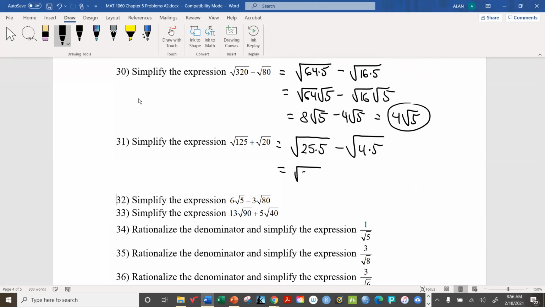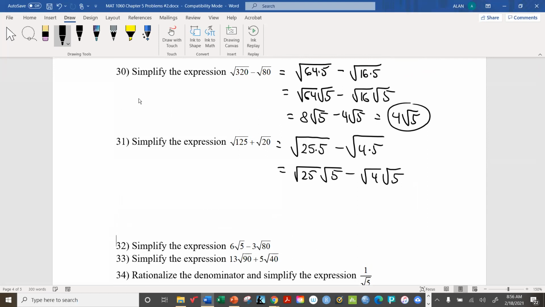All right, let's see what we've got. So we end up with 5 radical 5 minus 2 radical 5. And of course, that leads us to 3 radical 5.